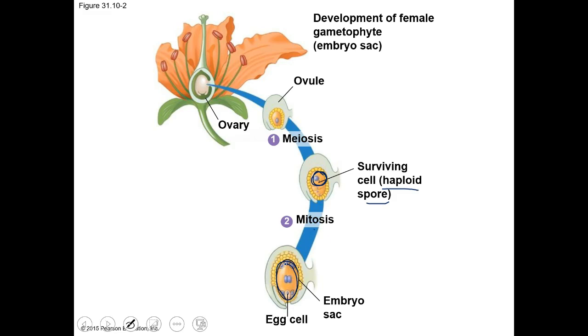Again, it's not like it's got three things going on. It does maybe two mitosis rounds. It doesn't do very many. So that's where our female gametophyte is. So our whole male and female plants are still encased within these parts. This is still our female gametophyte right here.